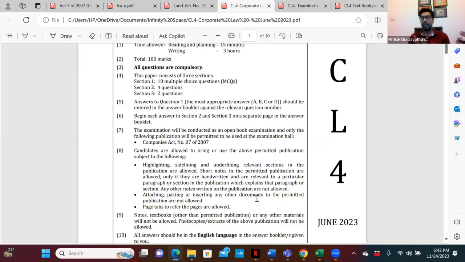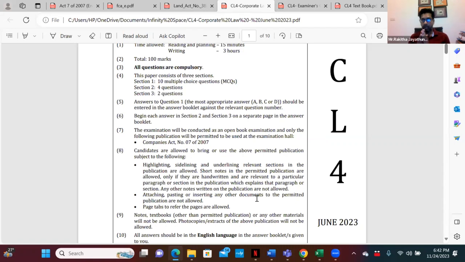Therefore, you don't have to memorize anything that you get in the Companies Act, but you should know from where to find the relevant section. So you can save a lot of time, but your pre-preparation is extremely important.